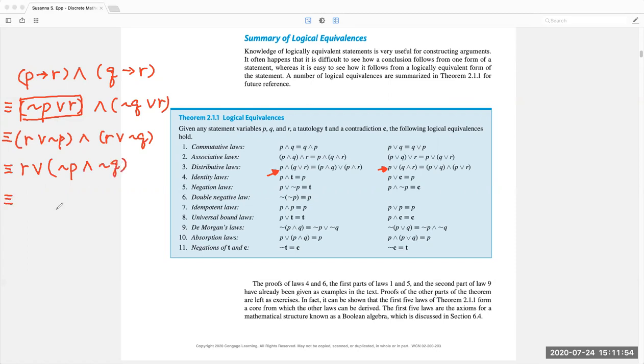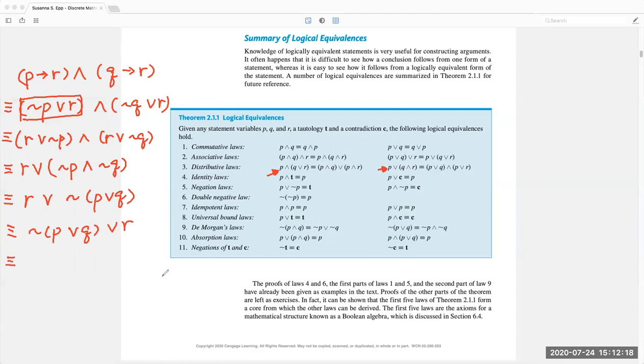And then if we take out the negation from the brackets, that will give you negation P or Q. Okay.